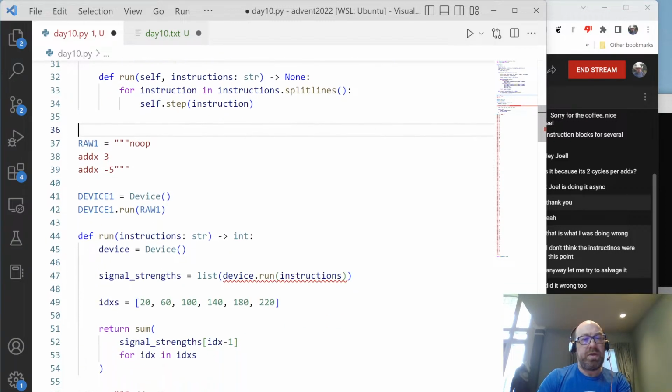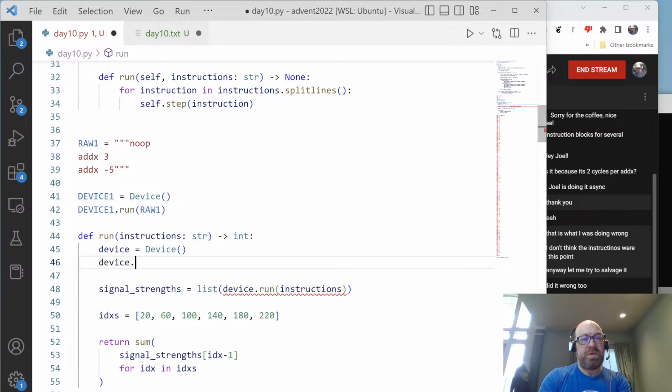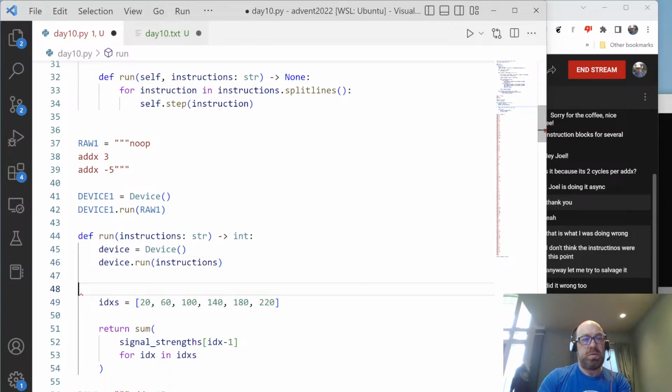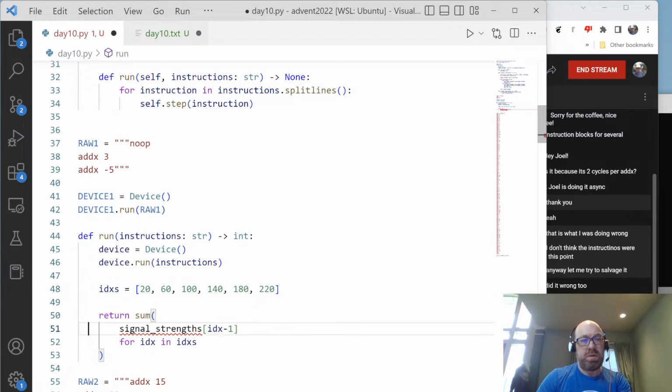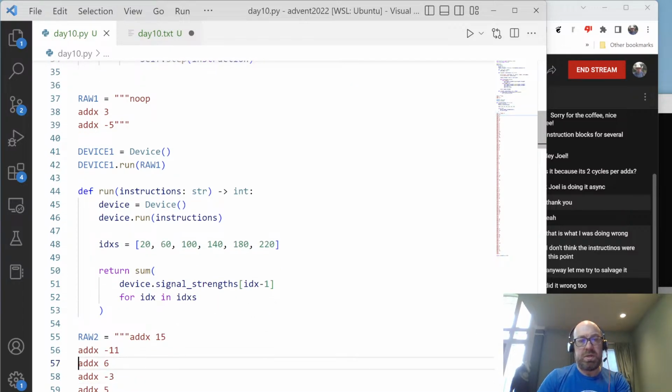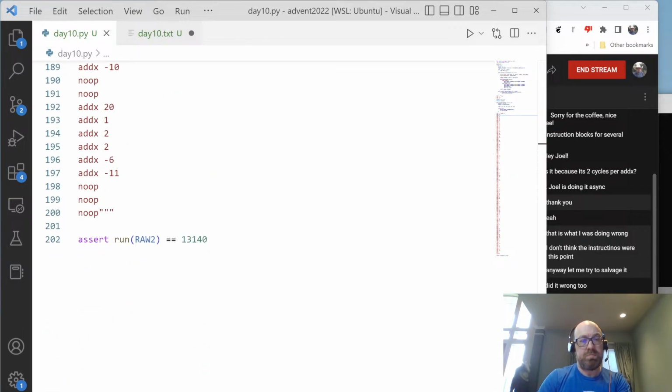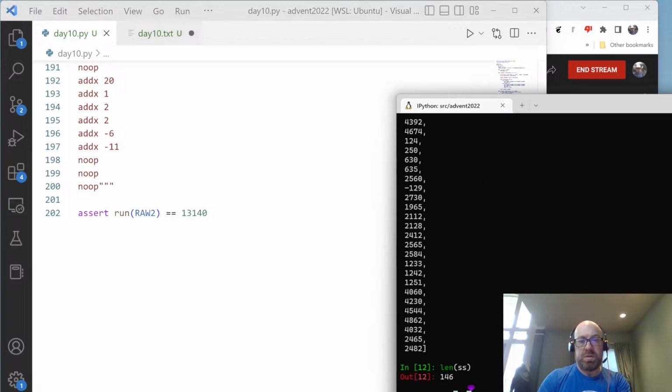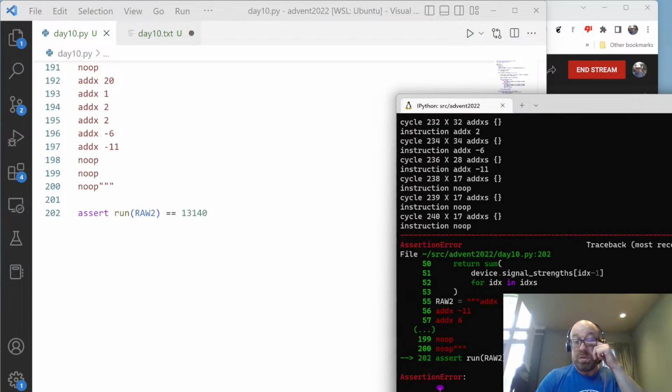And then device equals device.run instructions. And now I can do device.signalStrengths that. So let's run that and see if that works. It's an insertion error, okay.